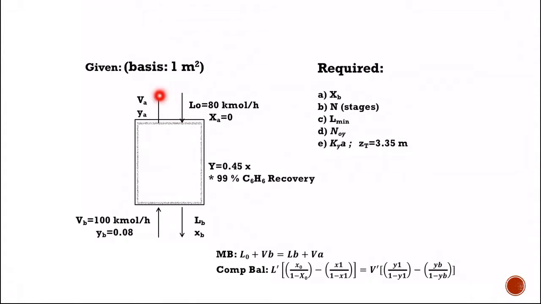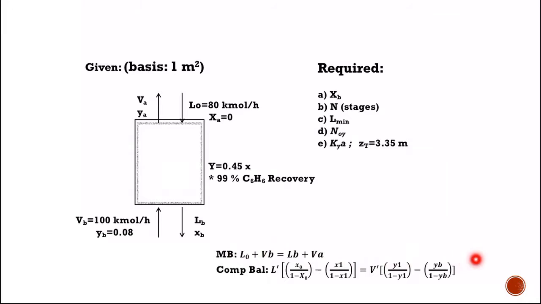We don't have any given product gas and product liquid. We are required to find the mole fraction of benzene, the number of stages, the minimum oil flow rate, the NTU as NOY, and KYA if the packed column height is 3.35 meters.